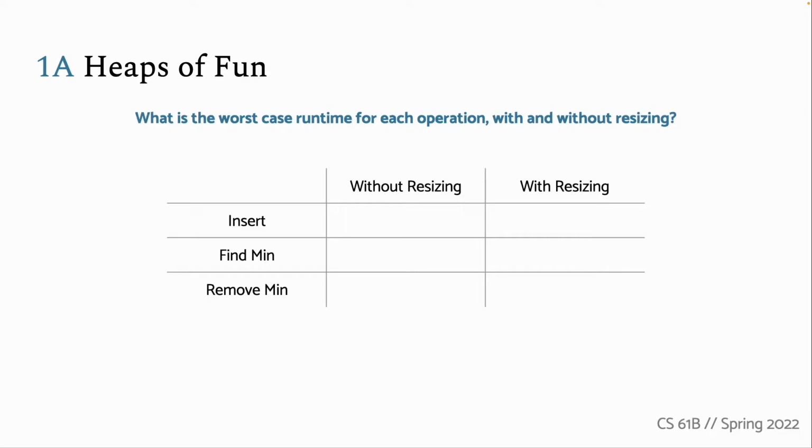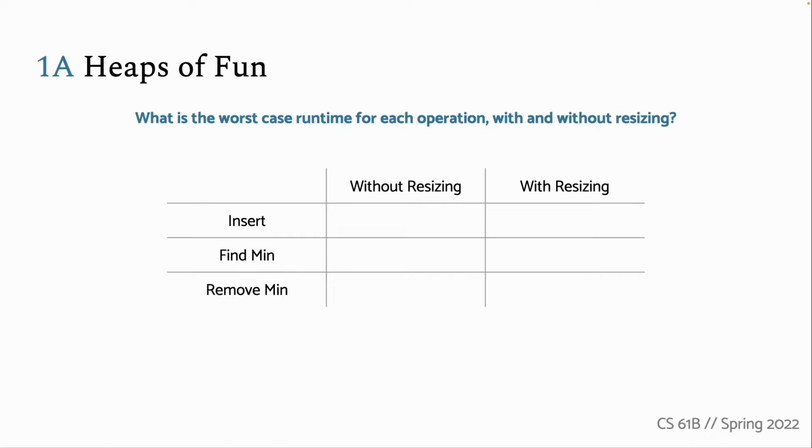So just for fun, let's start off looking over the worst case runtime for each of these operations. And we're going to do it with and without resizing. If you remember, when we use heaps, we use an array notation in order to house them. Because of that, there is the risk that when we add an item, we're not going to have space for it and we're going to have to resize, similarly to the way that we resize when we use array lists.